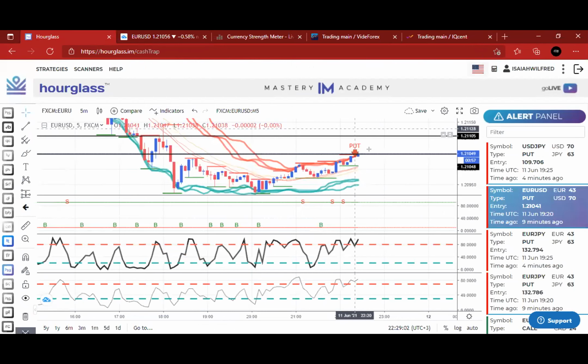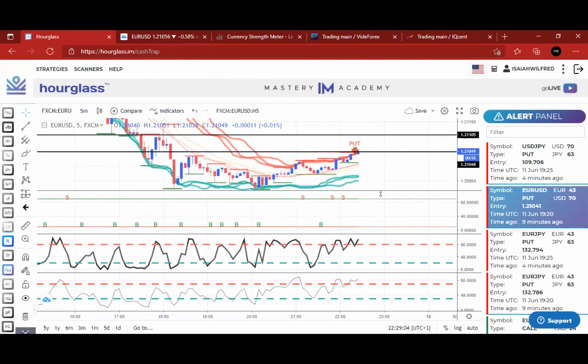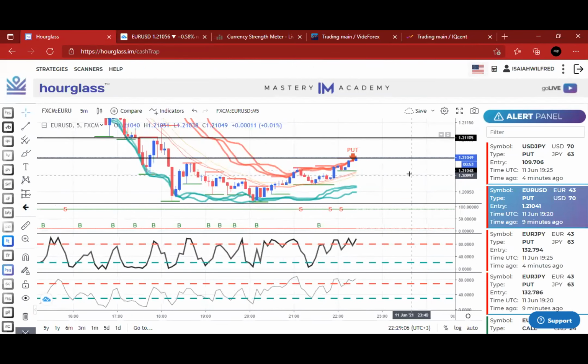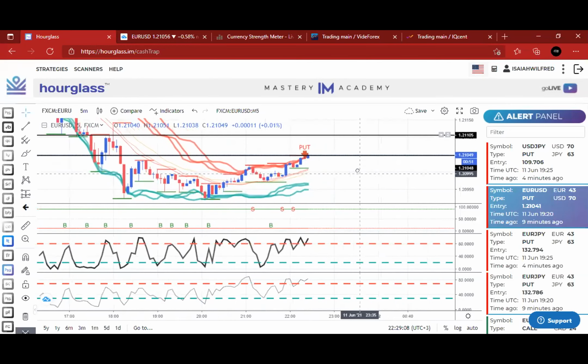So okay, guys, look at this one. I think this Euro USD is actually setting up for a good sell. But first, one thing you're going to notice is the prices on Cashtrap are different from the broker.